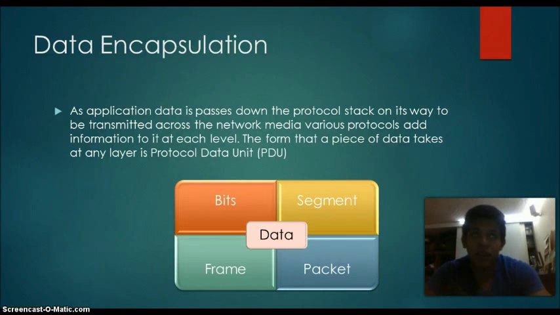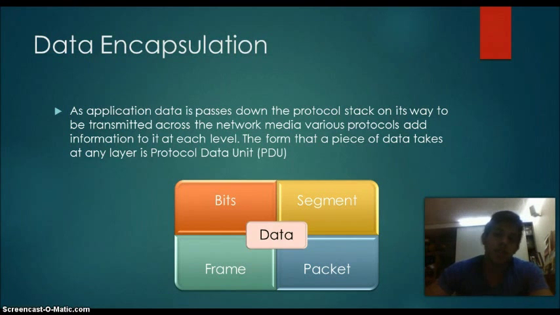This application data passes down the protocol stack on its way to be transmitted across the network media. Various protocols add information at each level. The form that a piece of data takes at any layer is called a protocol data unit.